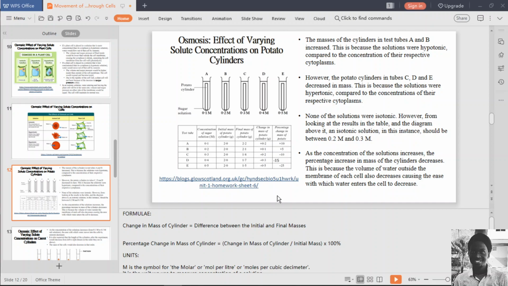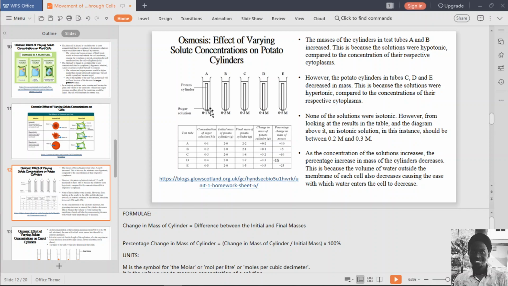Now what I want you to take away from this slide is that as the concentration of solutions increases, the percentage increase in mass of the cylinders decreases. This is because the volume of water outside the membrane of each cell also decreases, causing the ease with which water enters the cell to decrease. As you move from left to right, the solid concentration increases, and most times when we are talking about concentration, we are talking about solid concentration.